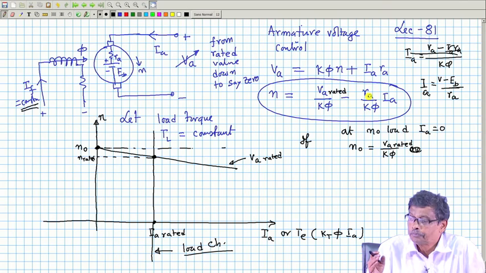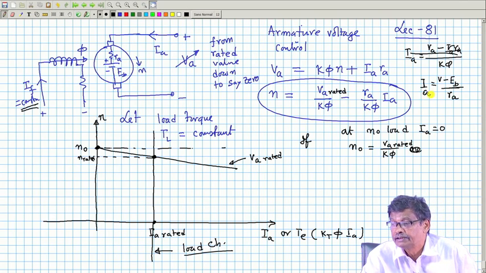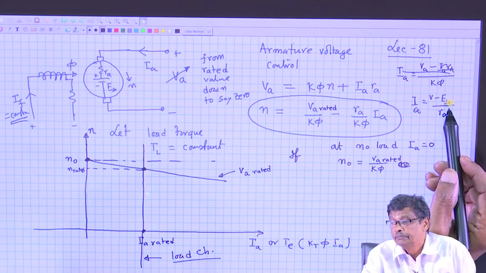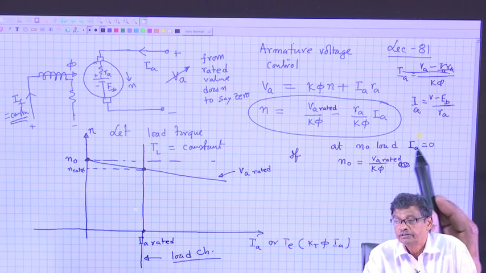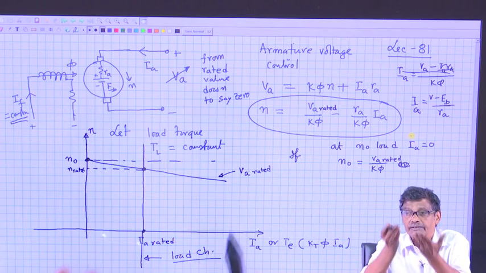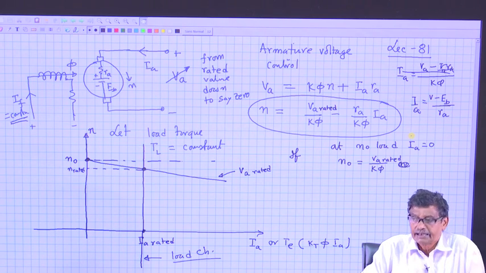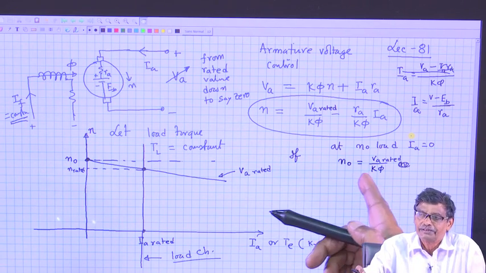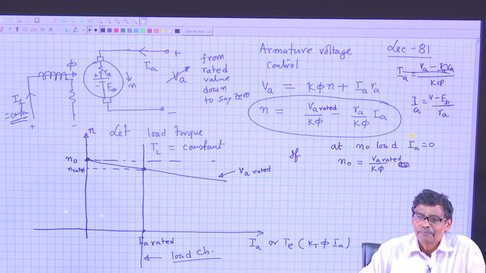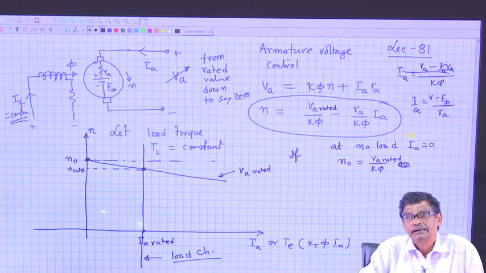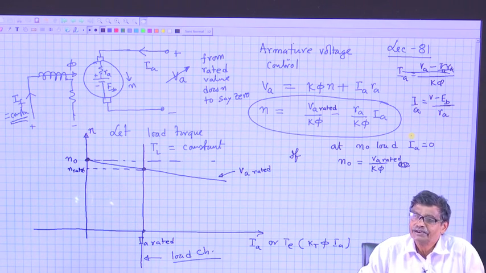No. As speed falls, the armature current starts building up, V minus E B by R A. E B falls, and armature current once again increases. Finally, the motor will find a steady operating point, such that once again the same armature current is drawn, so as to match the load torque, but it will run at a reduced speed.